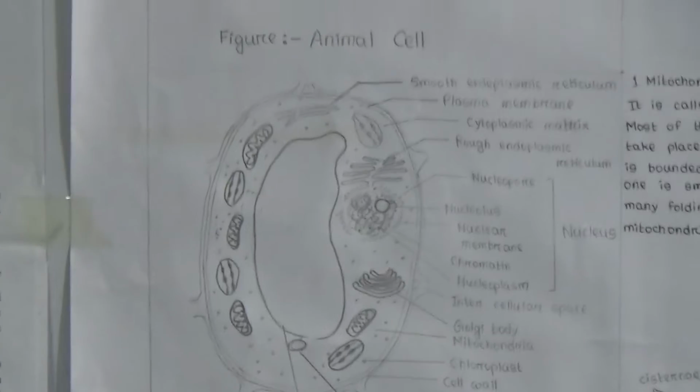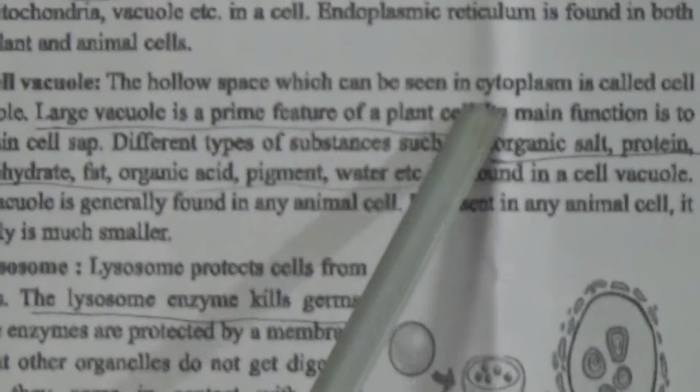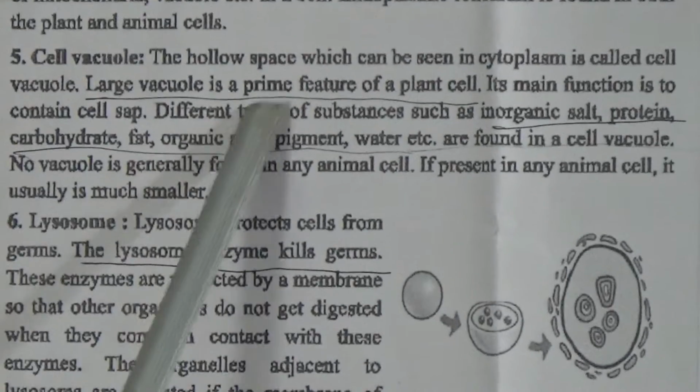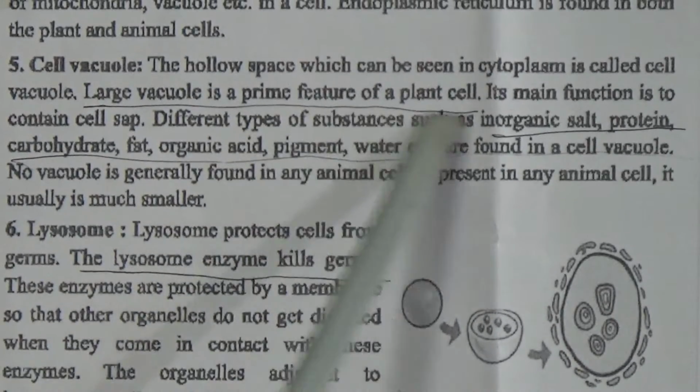Now cell vacuole. Cell vacuole is found mainly in the plant cell, but in animal cells it is always absent, or if it is present it is very small in number. The hollow space which can be seen in the cytoplasm is called cell vacuole. A large vacuole is a prime feature of a plant cell.